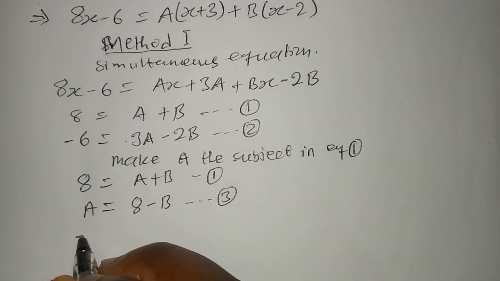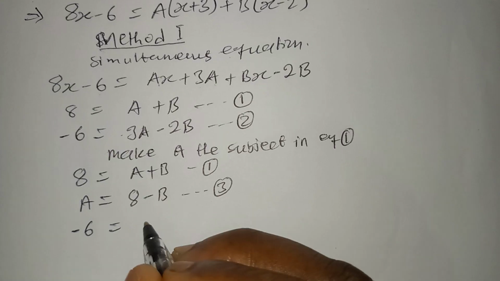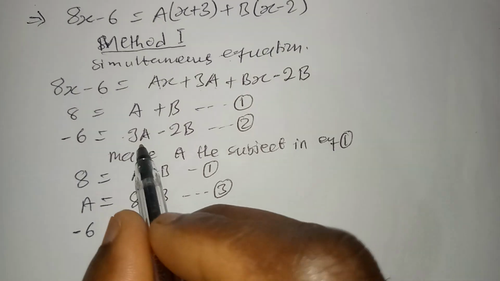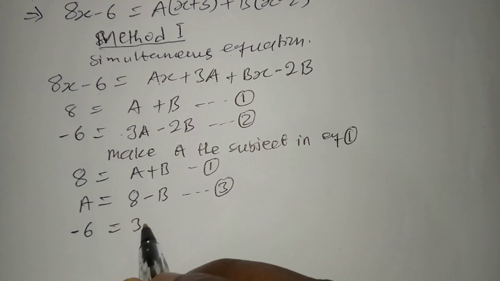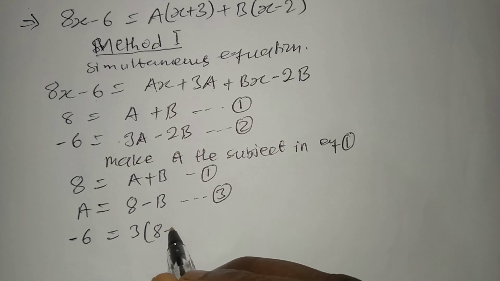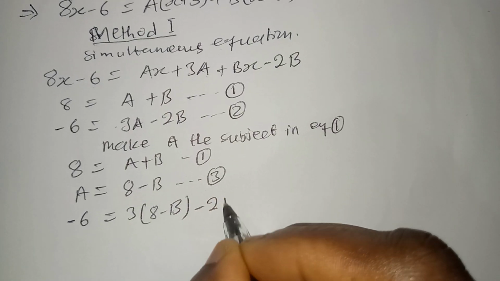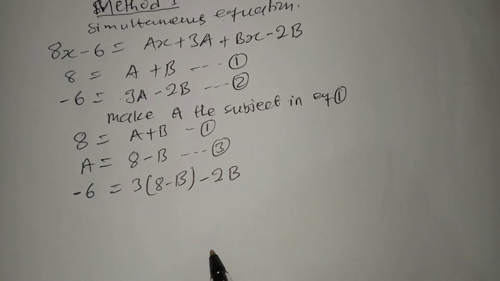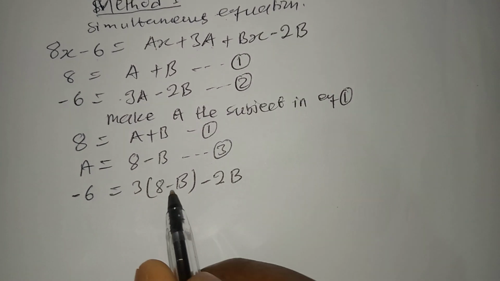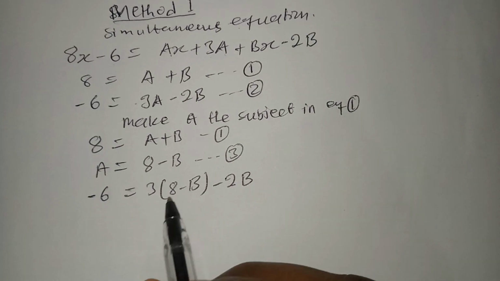That is negative 6 equal to 3 multiplying with (8 minus B), then minus 2B. We must find the value of B from this point.